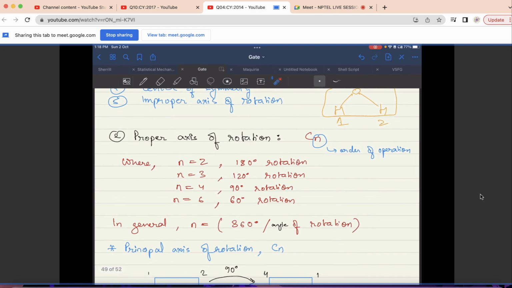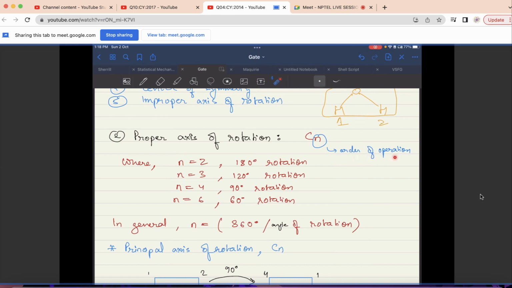Okay, so the second one is the proper axis of rotation. This is denoted as capital C, with a small n in the suffix, where n is the order of the operation. Now we know the symmetry element here is an axis, correct? And the operation that we are doing is called rotation.